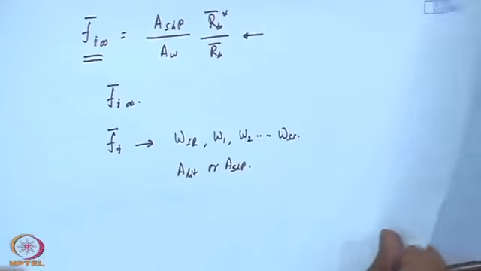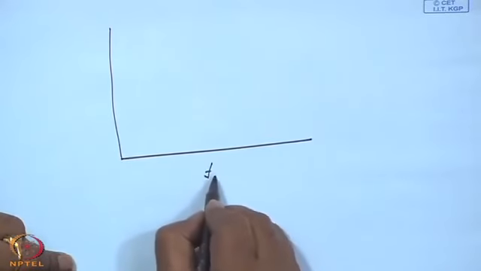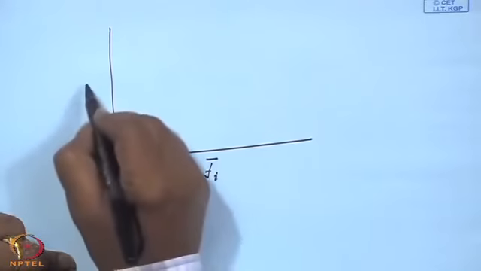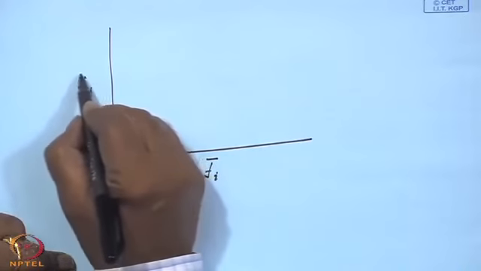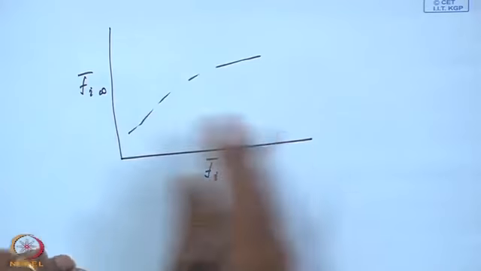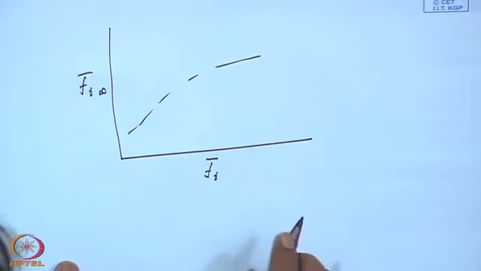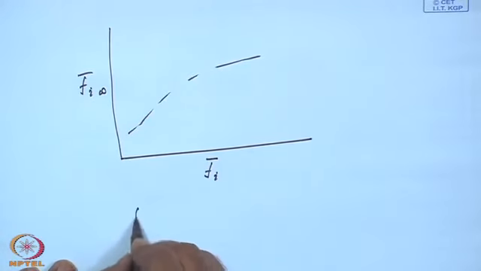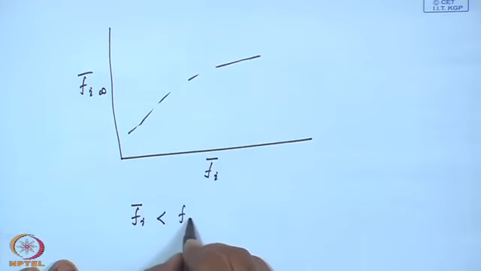So, what people have done, particularly the work at IIT Kharagpur, is calculate numerically this Fi bar versus Fi bar infinity, some curve will be there. I do not know whether it is increasing or decreasing, but we know that Fi bar should be less than Fi bar infinity.